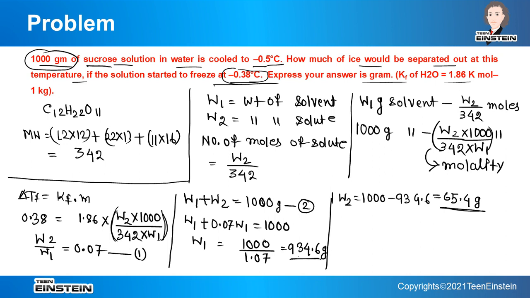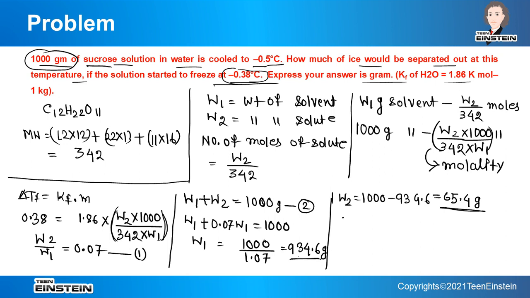Now when we are further decreasing the temperature, some amount of water will come out as ice, because there is a capacity. When the amount of water is extra compared to the maximum amount, then obviously some water will separate in the form of ice, because the temperature is very low.